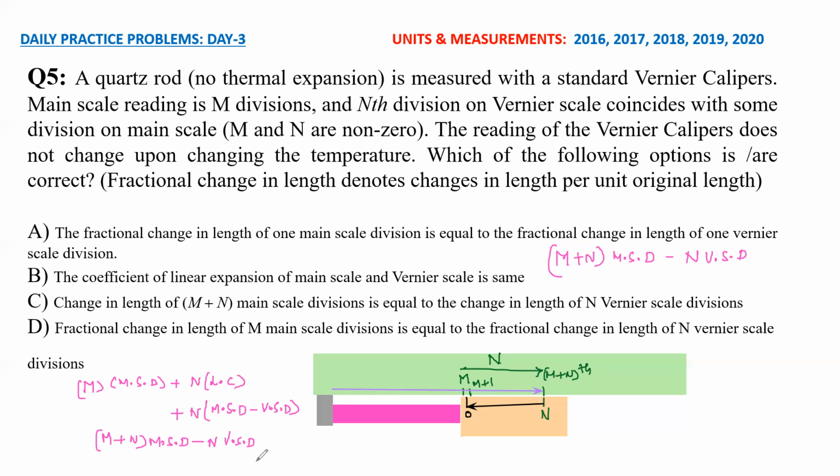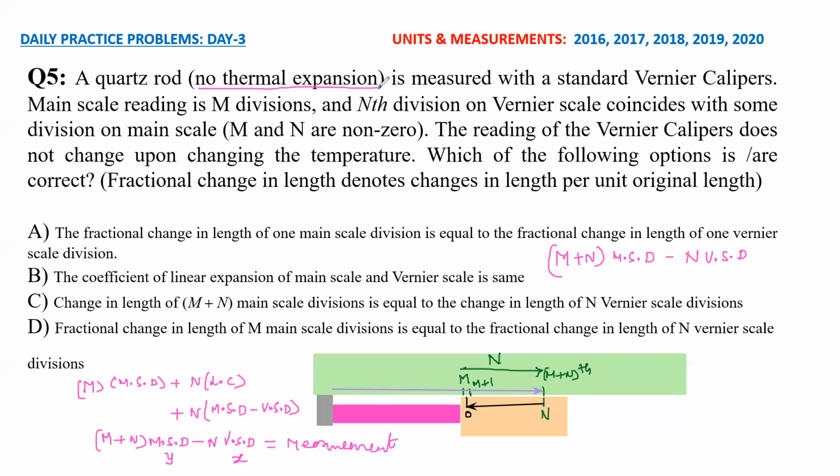Okay, now let us say the main scale division is y and vernier scale division is x. So the total measurement, which is nothing but the length of the rod, is not changing with temperature because the quartz rod has no thermal expansion.